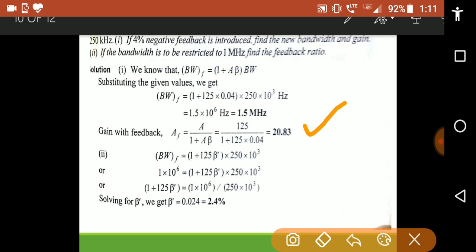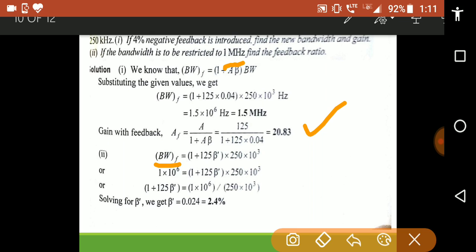Now we have to find the value of feedback ratio beta when the bandwidth is restricted to 1 megahertz. We know that bandwidth with feedback equals (1 plus A beta) into bandwidth.